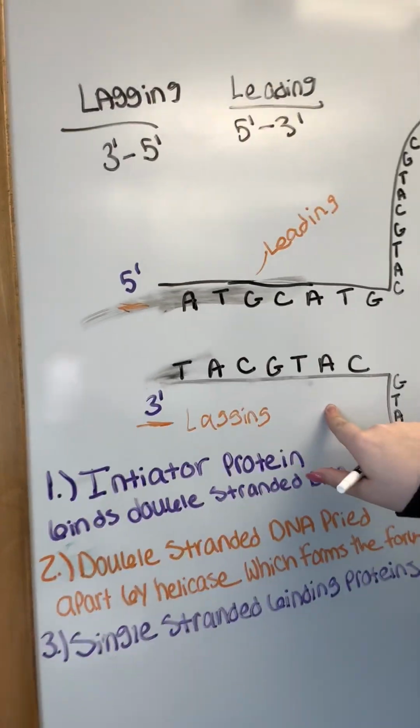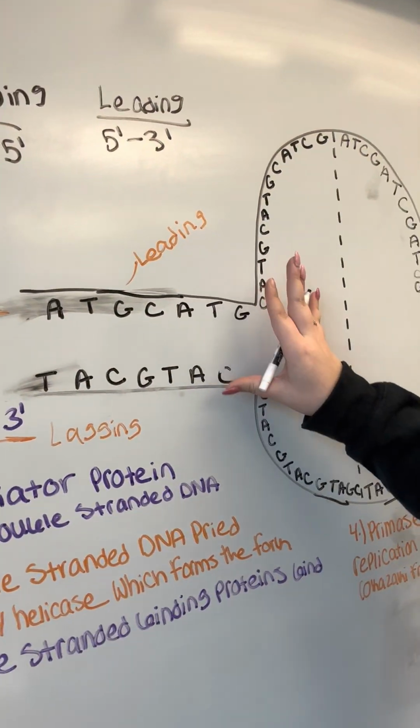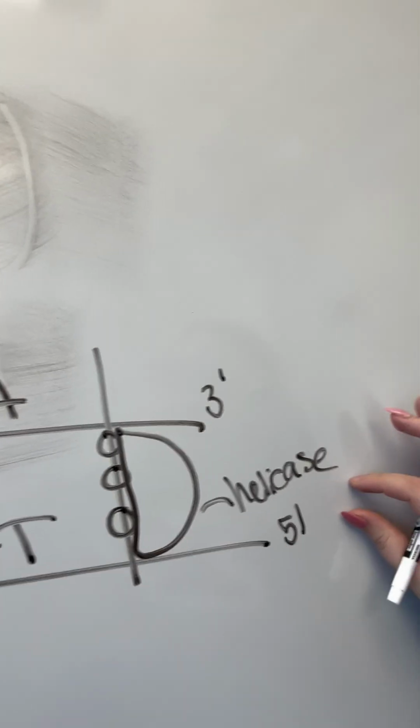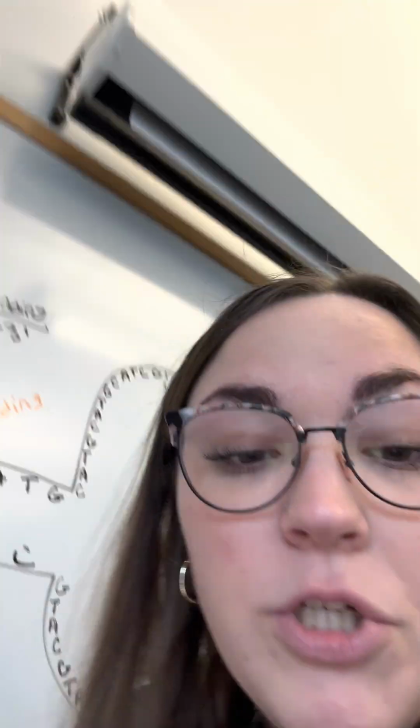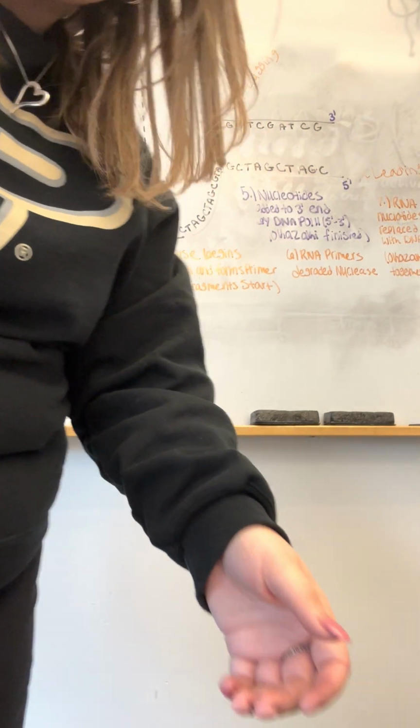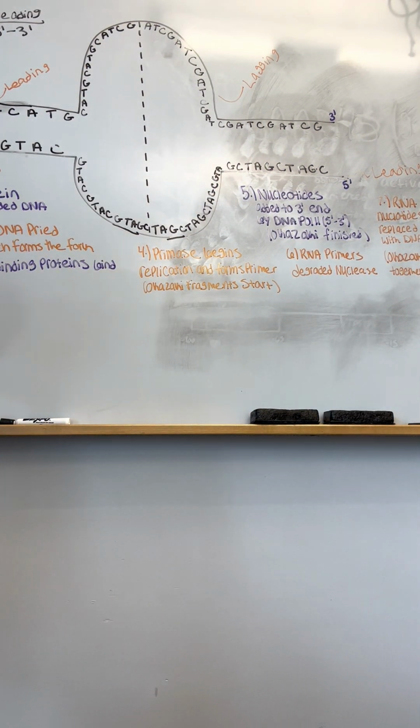Then that will form this. So here they're connected together, and the initiator protein and the helicase are going to open them up and be pried apart for the replication fork. That's steps 1 and 2.